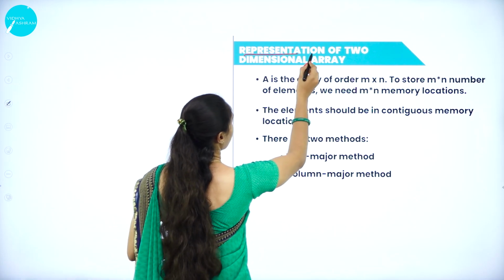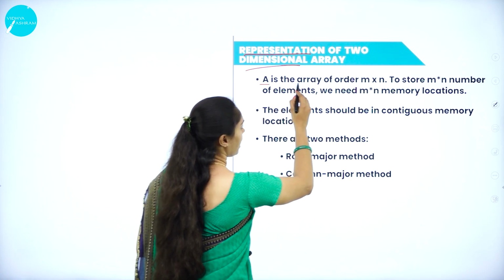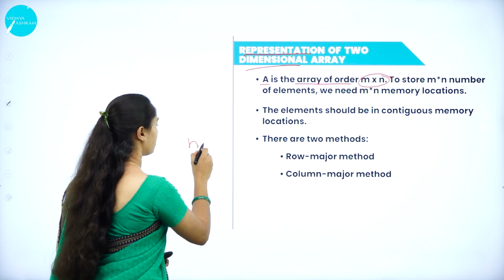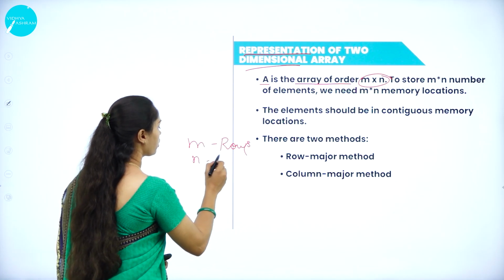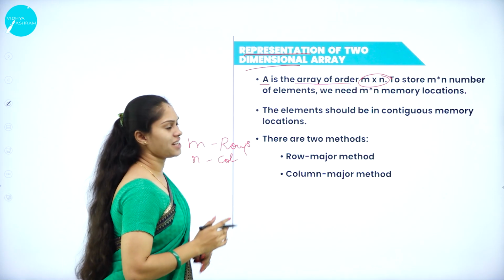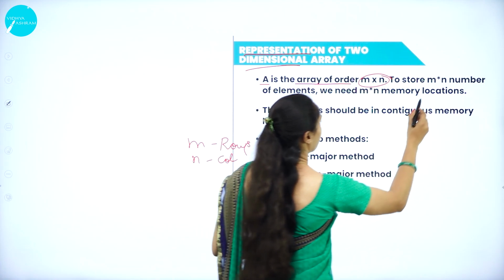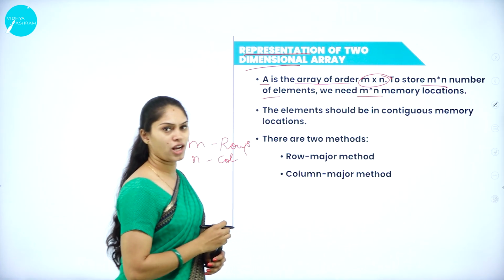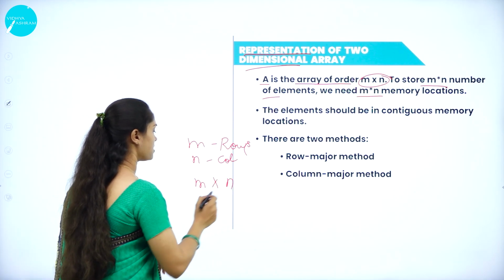Now we'll see how we are going to represent the two-dimensional array. A is an array of order m cross n. Here m specifies the number of rows and n specifies the number of columns. A is the name of the array; we can give any name. To store m cross n number of elements, we need m cross n memory locations.